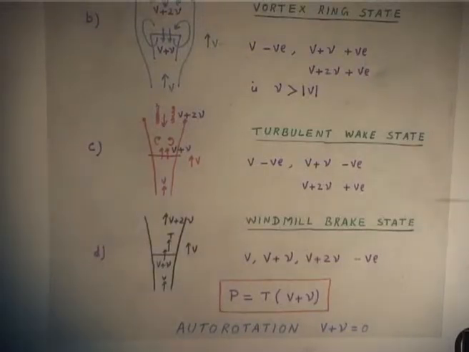That is why this condition is very, very important in helicopters, because it is called autorotation. In case of engine failure, because you are rotating, engine fails, because of its inertia it will still rotate, but then the drag force is acting, you are not supplying any power. Then what will happen?